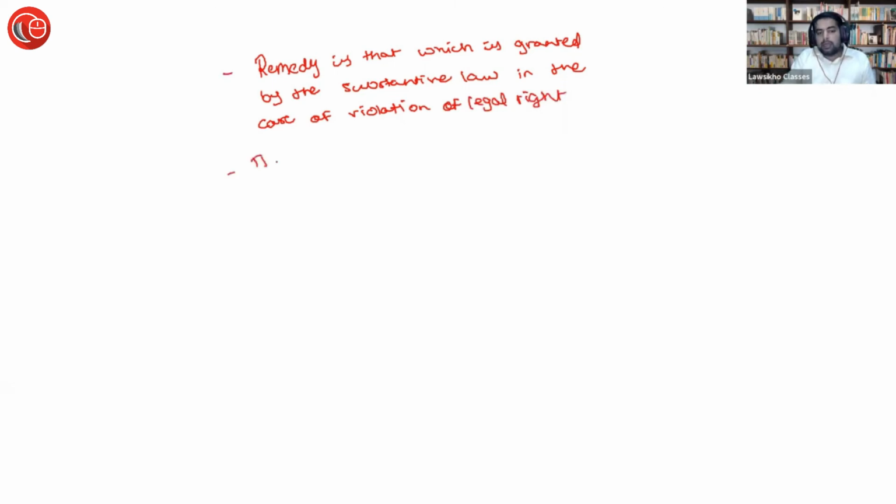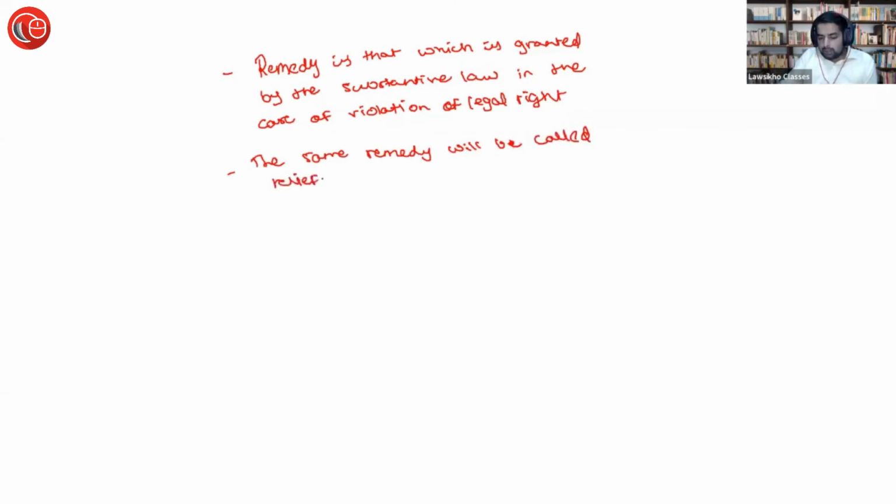The same remedy will be called relief. वही remedy, कुछ अलग नहीं हो रहा. It is not changing its nature. ऐसा नहीं कि अलग हो रहा है. The same remedy will be called relief.